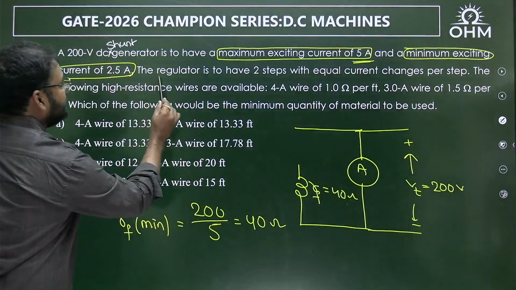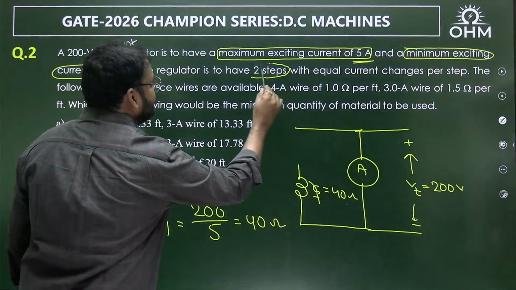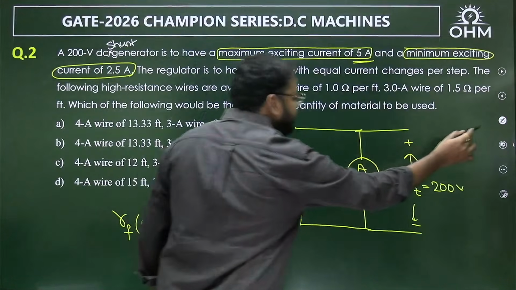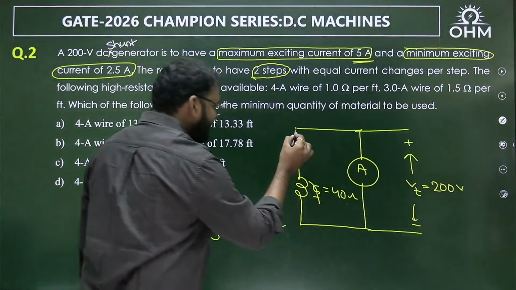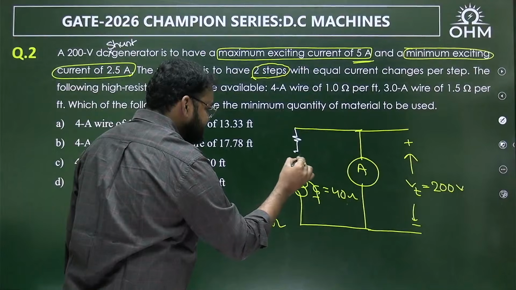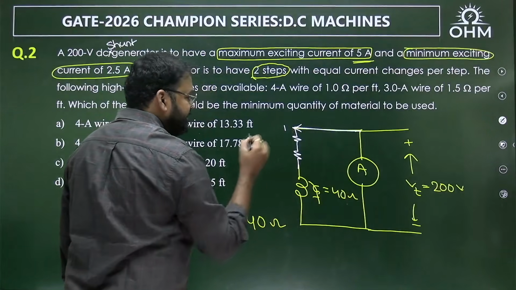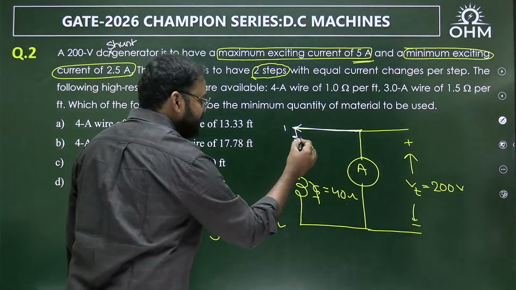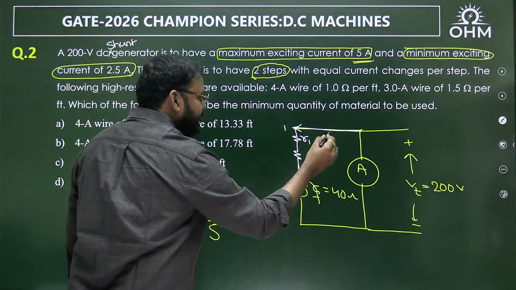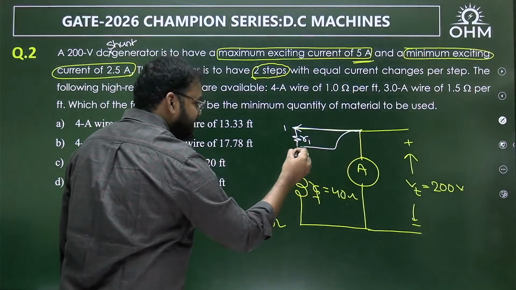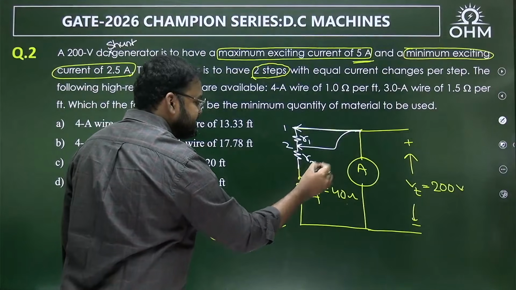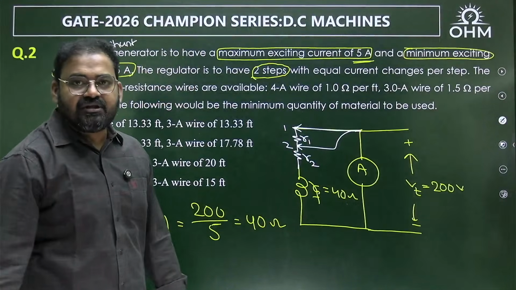You see that the regulator used to have 2 steps only. That means the entire external resistance was added in terms of 2 resistances. For example, if you place the regulator here, let us say that is step number 1, assume this is R1. I can also place the same regulator at step number 2, let's say resistance is R2. There are 2 steps in the regulator.